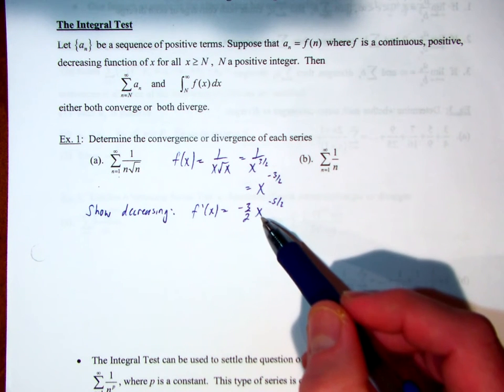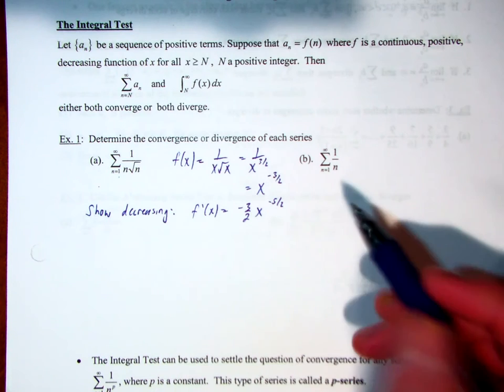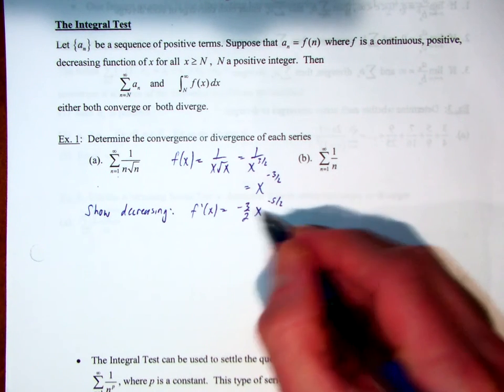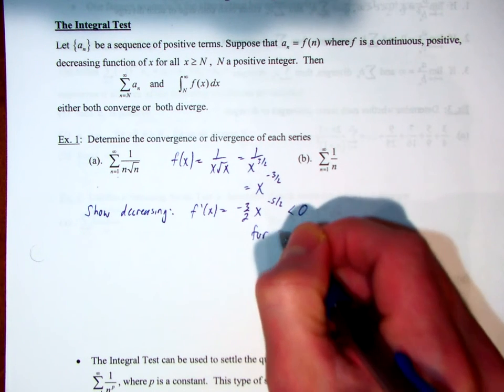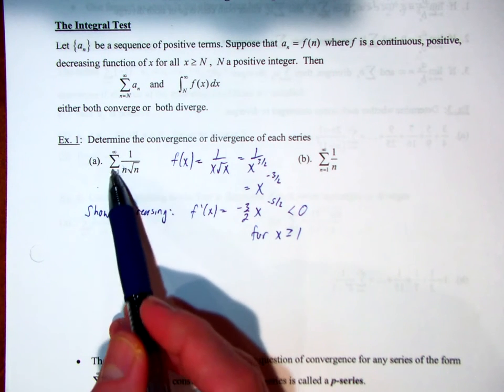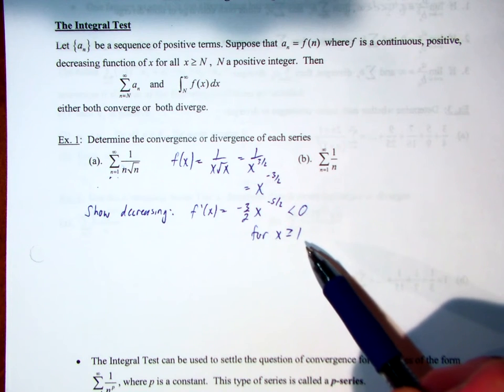And as long as x is positive, which it is, because we're going from 1 to infinity, then x to the negative 5 halves would be positive, and times negative 3 halves will be negative. So this would be negative for all x greater than or equal to 1. And again, the reason I'm starting at 1 is because my series starts at n equals 1. All right, so I've shown that that's true.